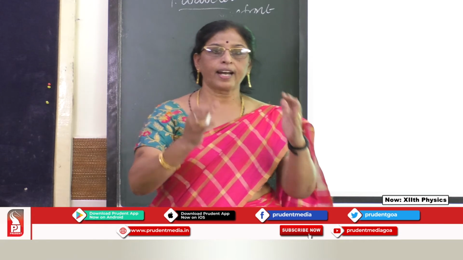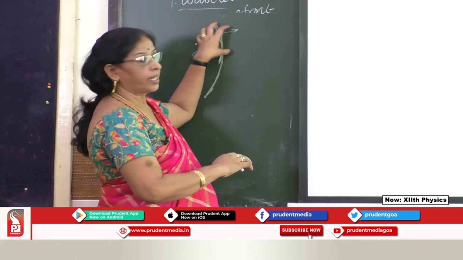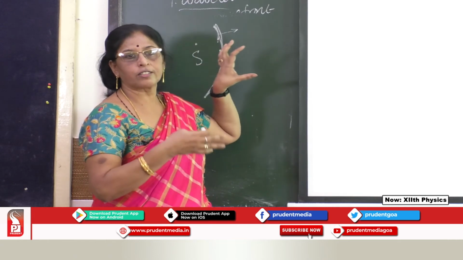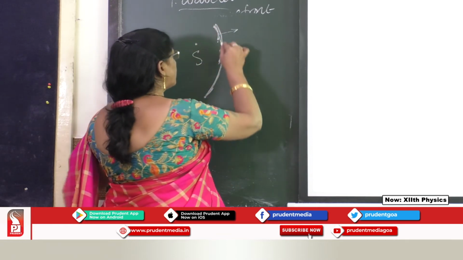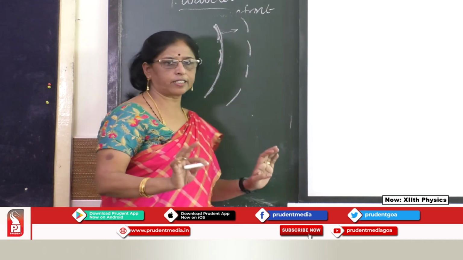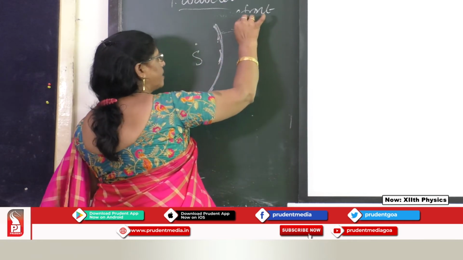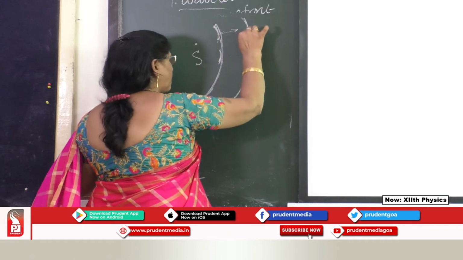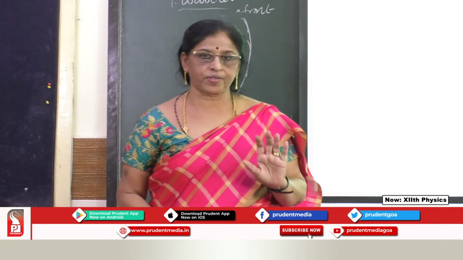So it looks as if the bulb from here shifted here. Whatever the source is, it can be a bulb or candle or a slit, anything. It looks as if they are shifted over here and the waves are emerging from it, with the same intensity, there is no difference at all. So when you consider here, these are the wavelets emerging from this, and an envelope covering all of this is the secondary wavefront.